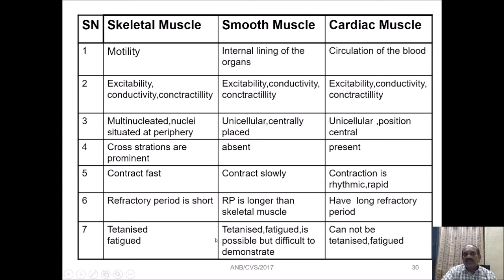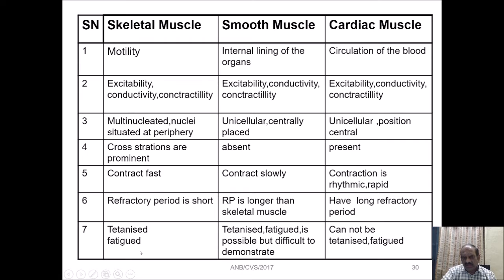However, in smooth muscle and cardiac muscle, the duration of the refractory period is longer, and the property of tetanus and fatigue is not observed very significantly.